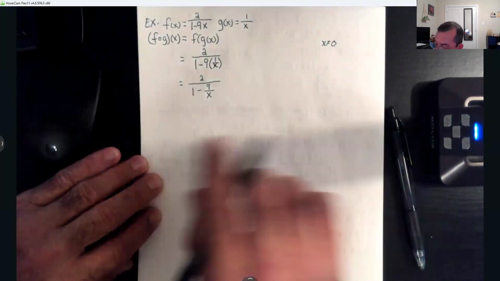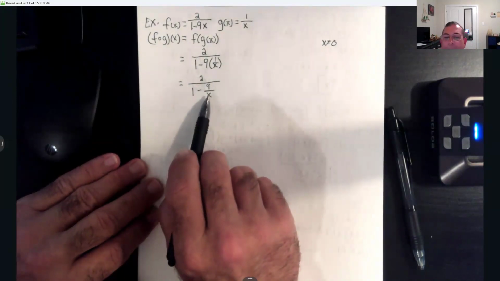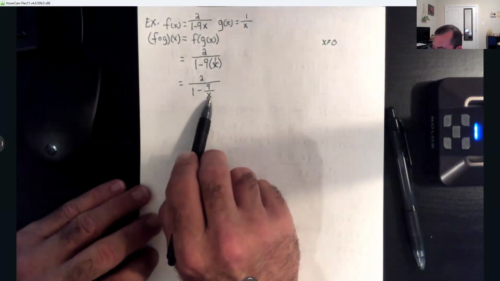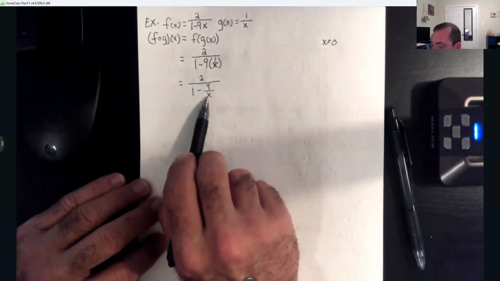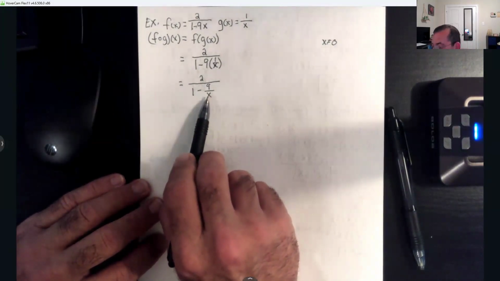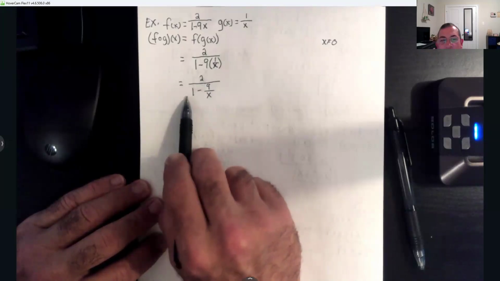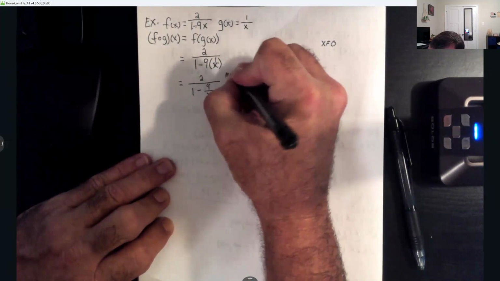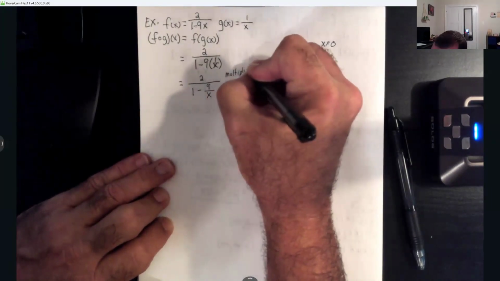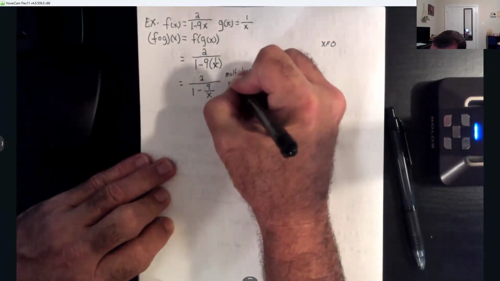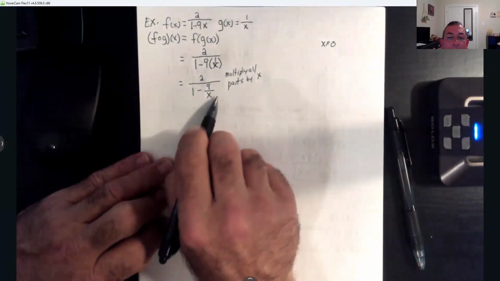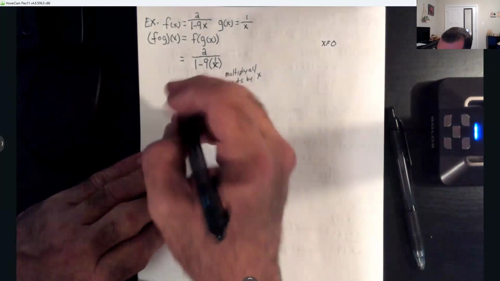All right, so since we don't want this fraction to be here, we're going to try to get rid of this denominator. So to get rid of the denominator, we're going to multiply all three parts of this fraction by that x. So multiply all parts by x. So if I can do that, that's going to get rid of these fractions.